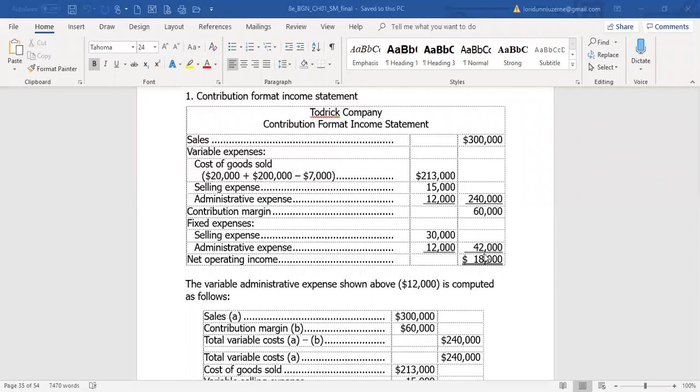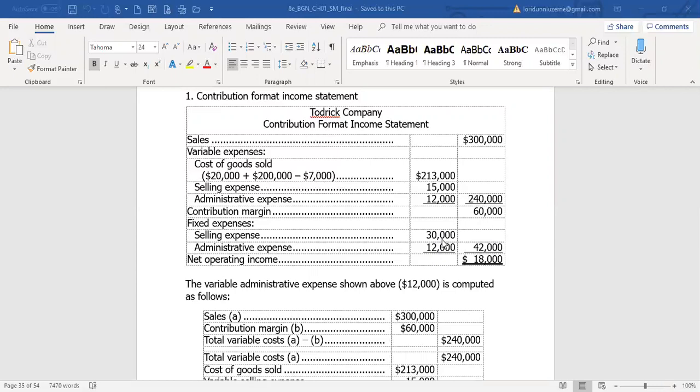So instead of determining net operating income, we're determining our total fixed expenses, 42,000. Well, we know 12,000 are administrative. So we need to account for 42, so the other 30,000 are selling expenses, fixed. So that's how you would determine those missing components.